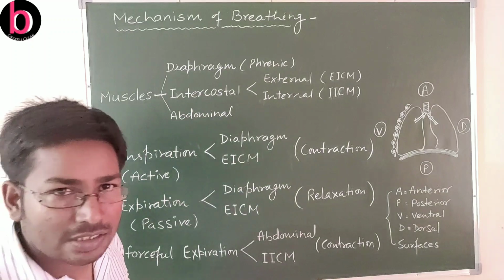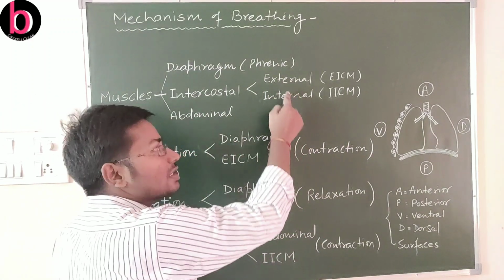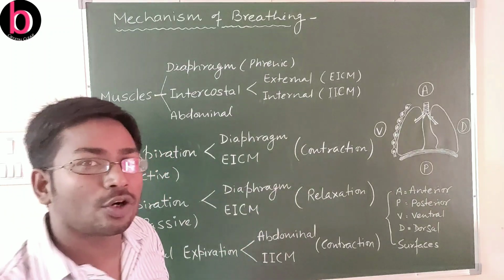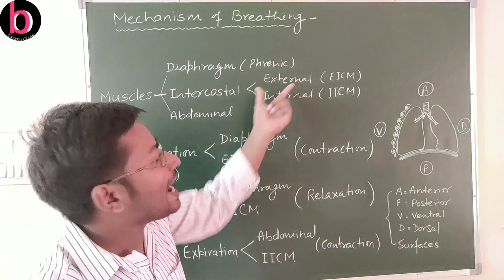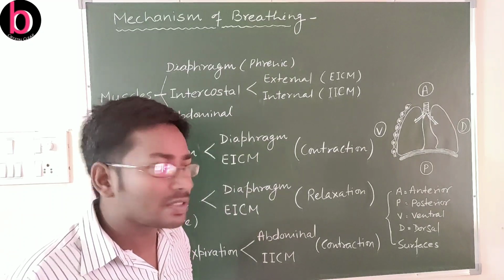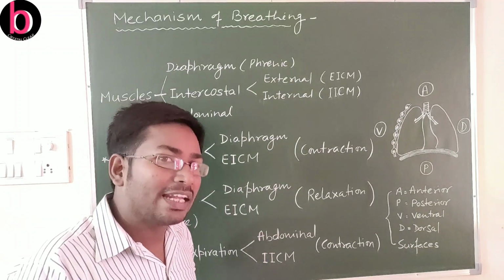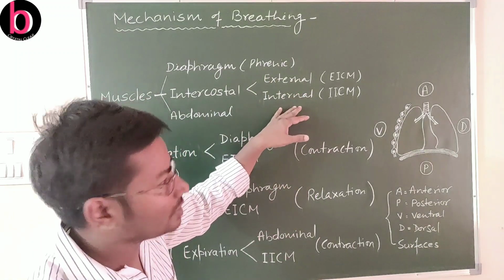These intercostal muscles are categorized into two: external intercostal muscles and internal intercostal muscles. Externals are those which are located on the outer surface of the ribs. Internals are oriented towards the inner surface of the ribs.